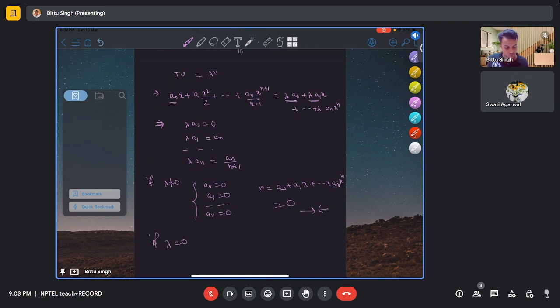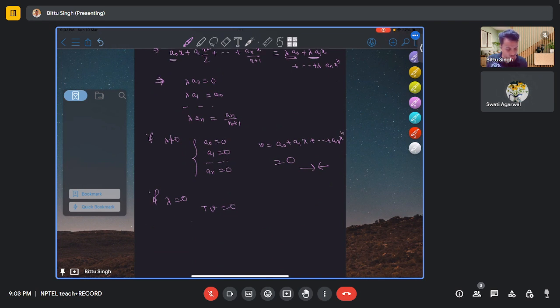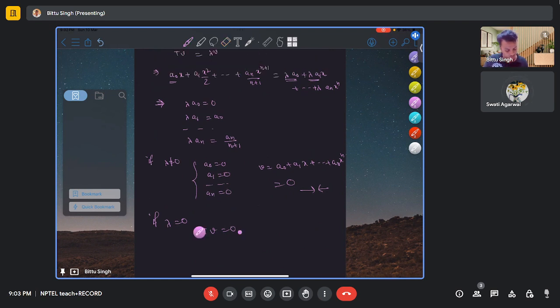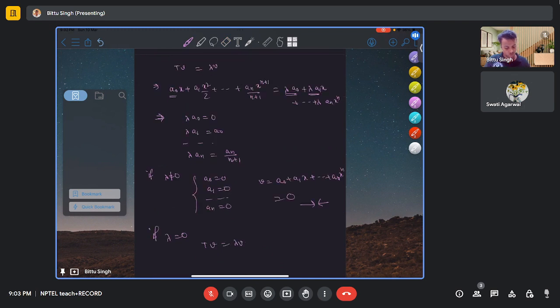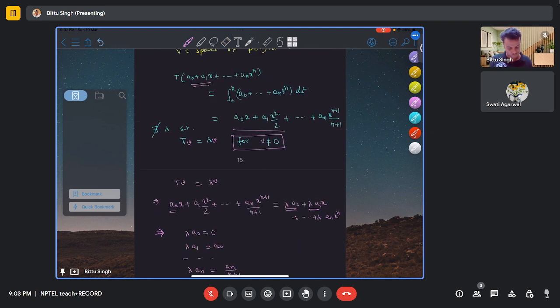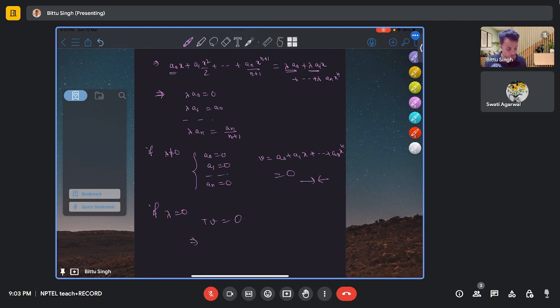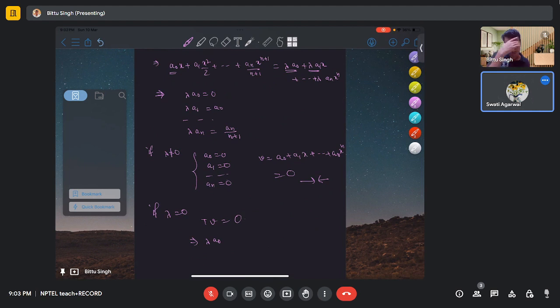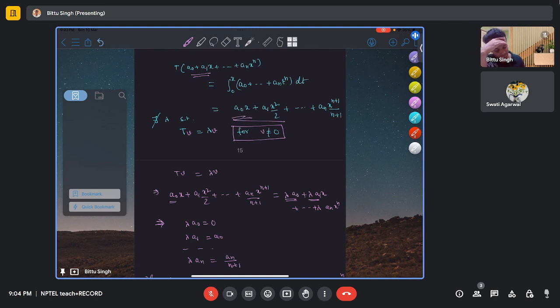Because now Tv equals lambda v, which is 0. What is the actual Tv? Tv is the previous thing.